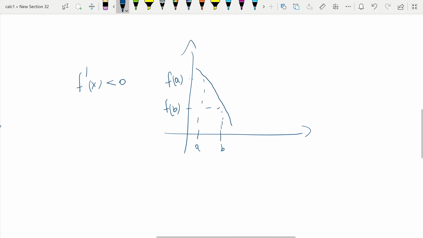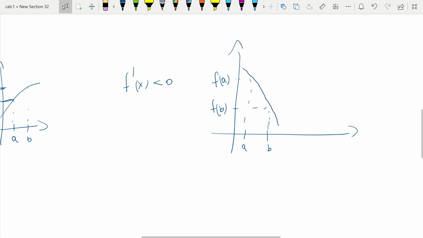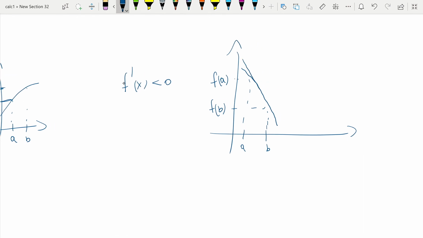Yeah, so the function is going down because the derivative is negative throughout the whole interval. So it means that all these slopes here are negative.